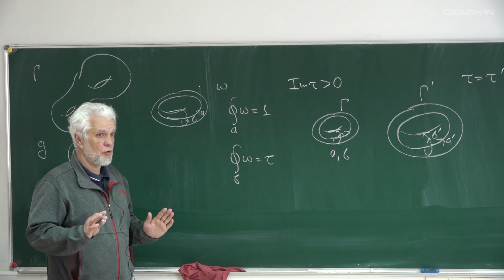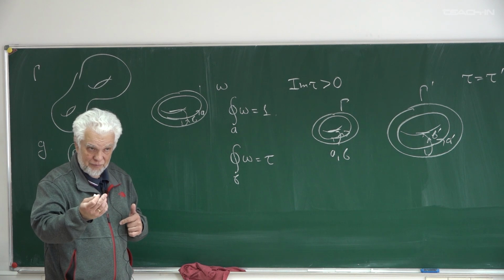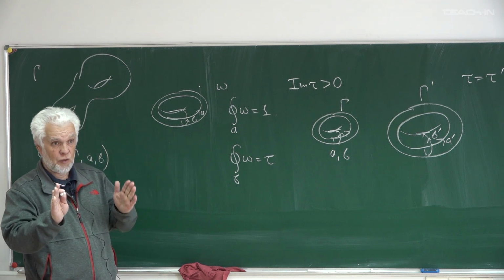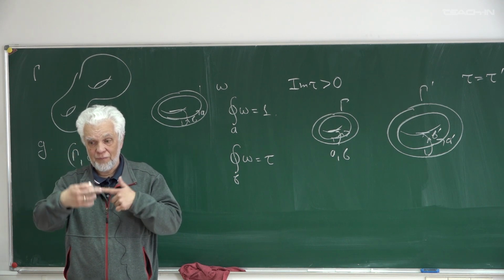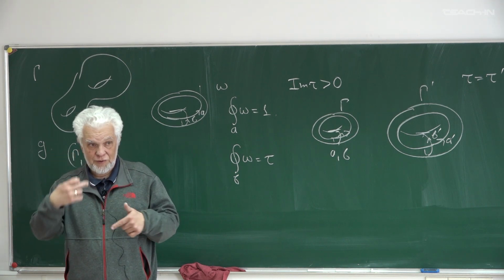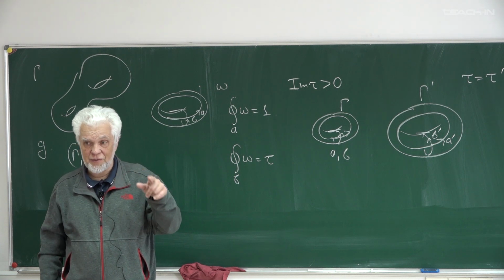We have the following object: a Riemann surface with a fixed basis of cycles. Of course, when we talk about a basis of cycles, it's in the homological sense. We don't fix bases as curves.